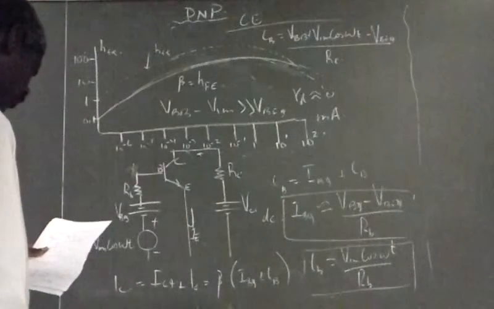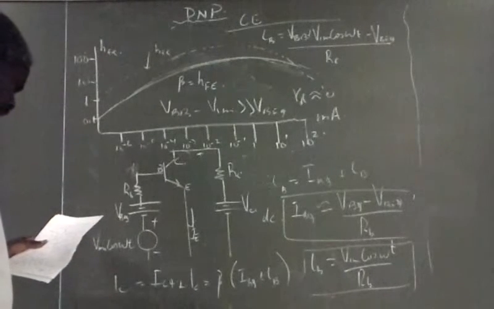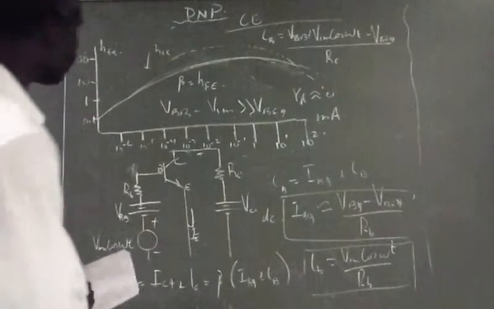Now with similar interpretation for the DC and AC component, the small signal current amplification is then given as follows.